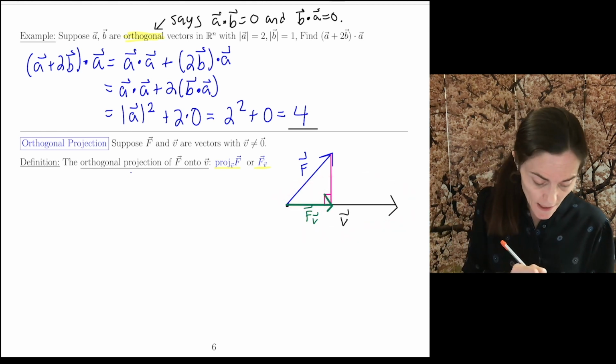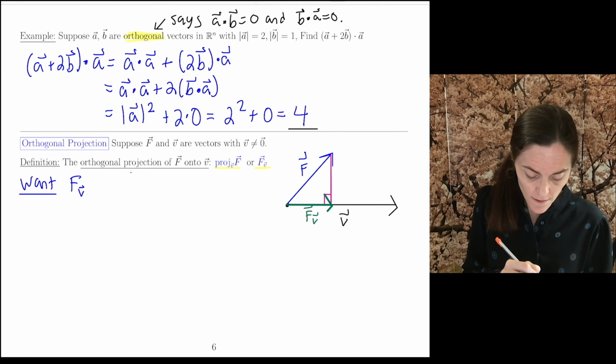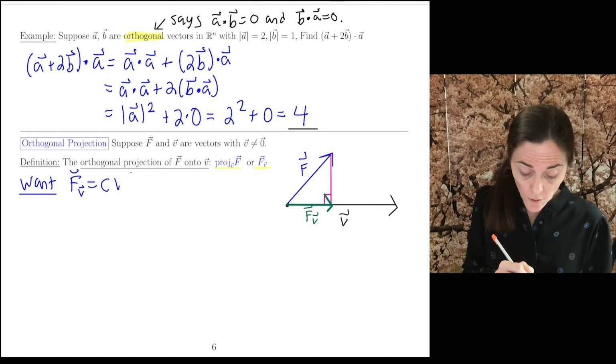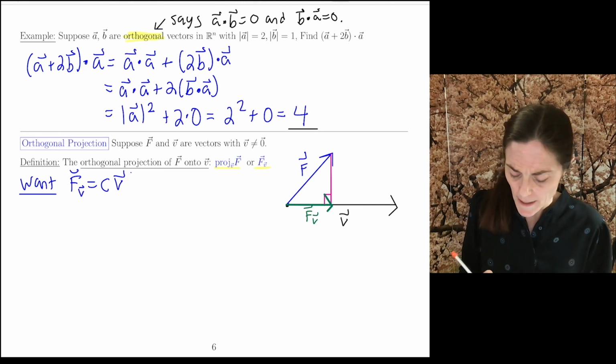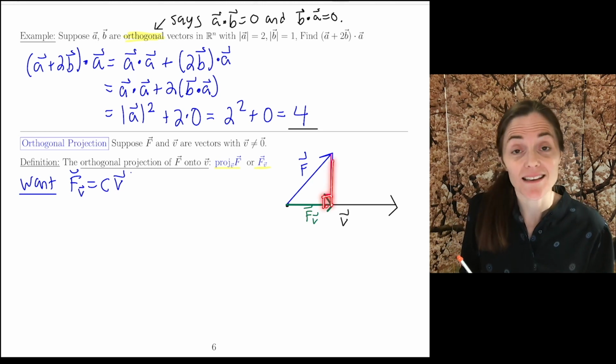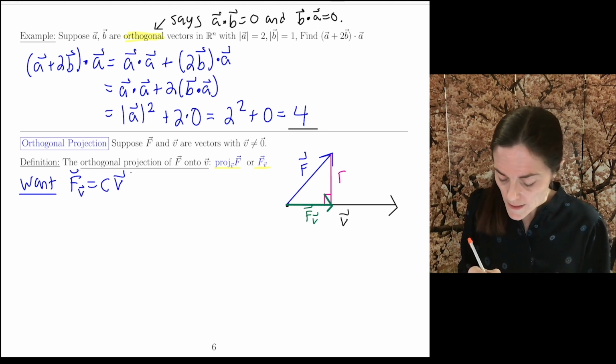So let's write that. We want f sub v to be a multiple of v, okay? But not just any multiple, it's a special one, so that here, this makes a 90-degree angle. So I will call this vector f sub n.